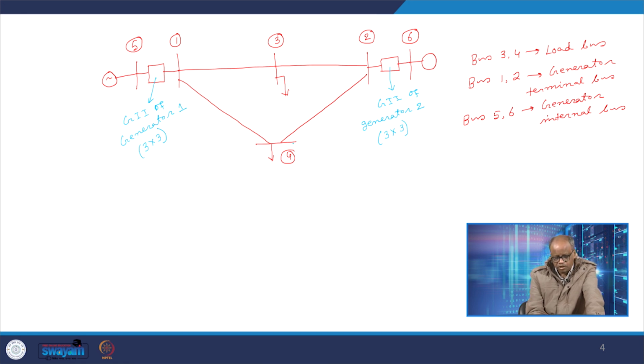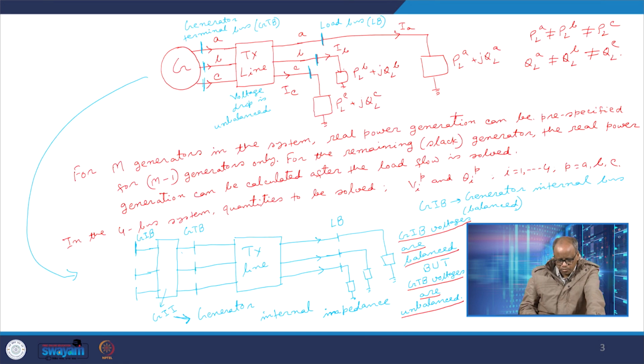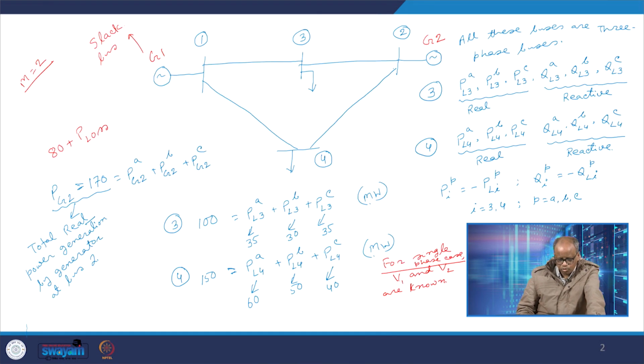So, you see, originally there are 4 buses in the system, but now this system has been augmented into 6 buses. Here, n is 4, the total number of buses, and because there are 2 generators, m is 2.